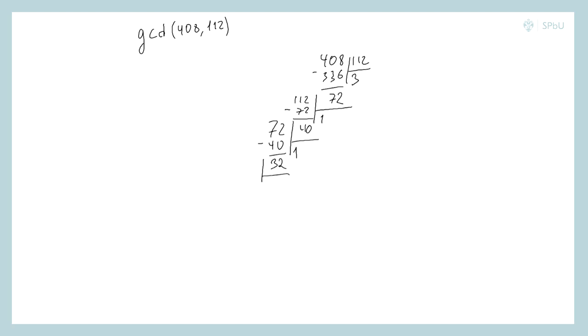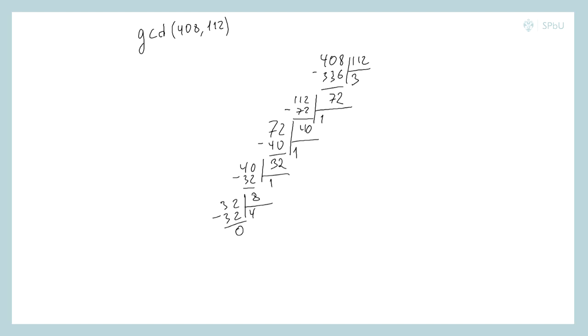So let's continue our algorithm and divide 40 by 32. It's 1 times 32, and the remainder is 8. And at the very end, dividing 32 by 8, we obtain that the remainder of that division is 0.